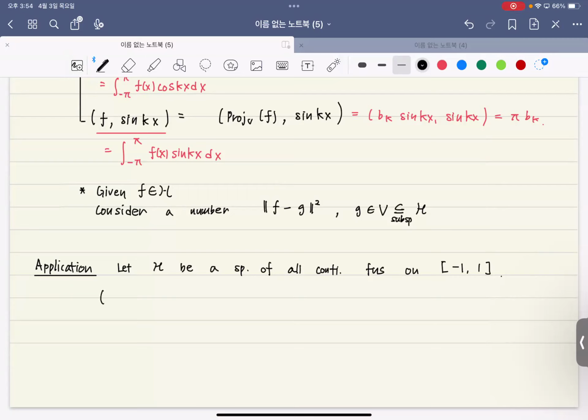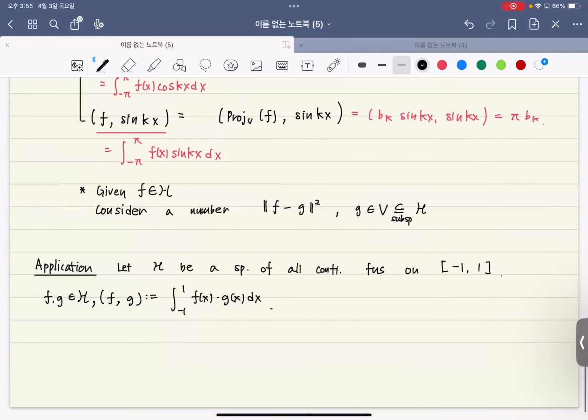This space also has an inner product, defined by the integral of f times g from -1 to +1. So this is a space with an inner product.